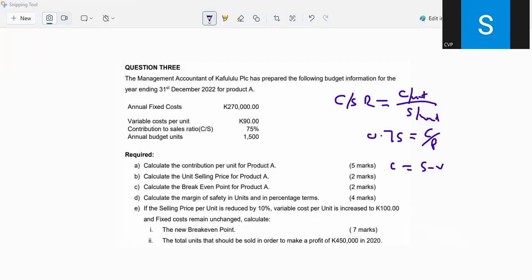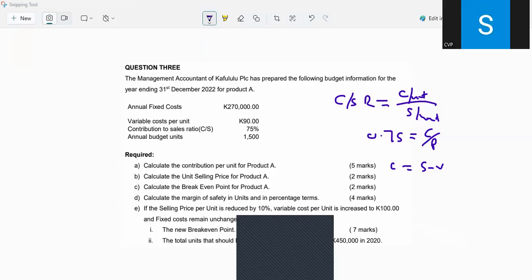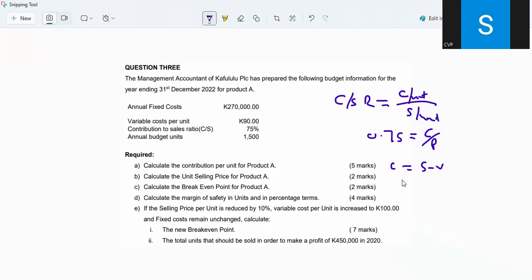Okay, we have 90 as our variable cost. So our contribution is equal to selling price minus 90. You can leave it there if you want.